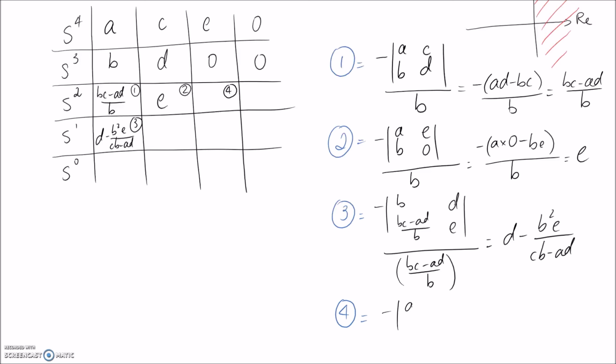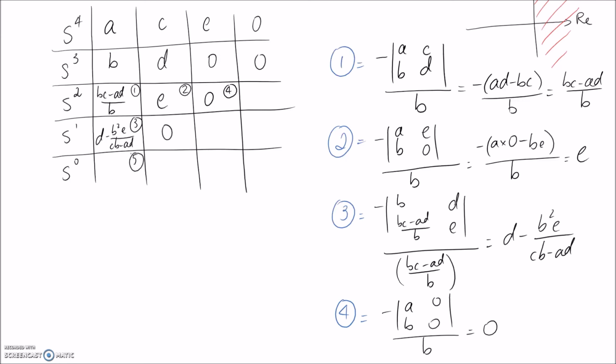So it's going to be negative of A, B, 0, 0 on B. You're going to get A times 0 and B times 0, so that all goes to 0. 0 divided by B is still 0. So that one's easy. The same pattern kind of happens here because you end up with 2 zeros for your determinant.